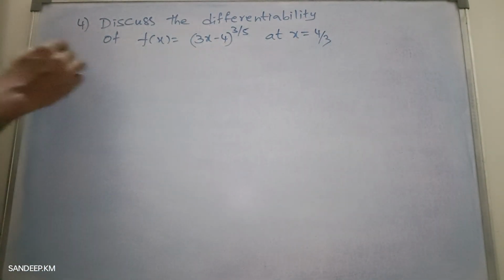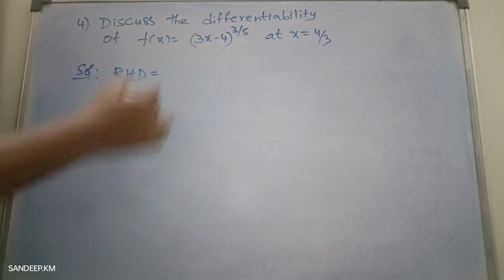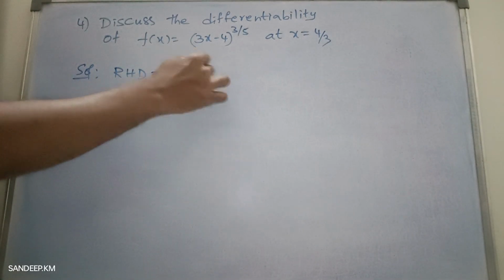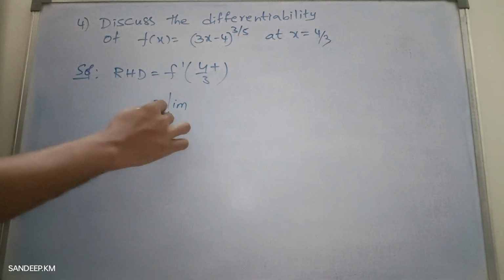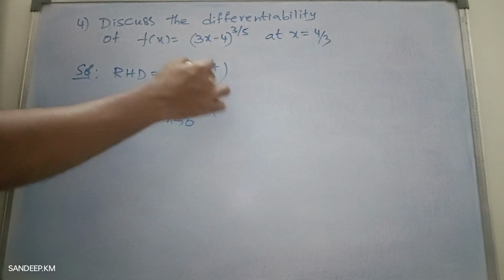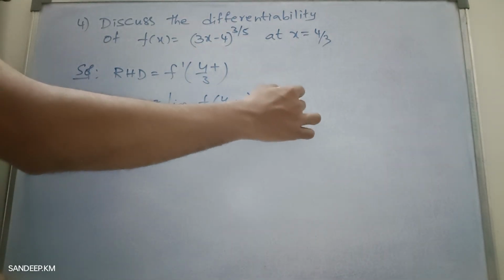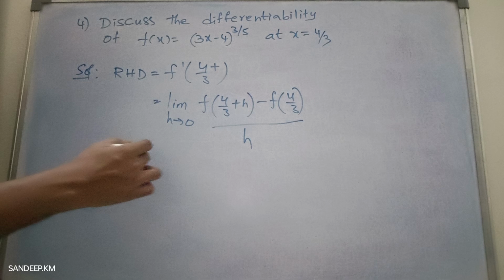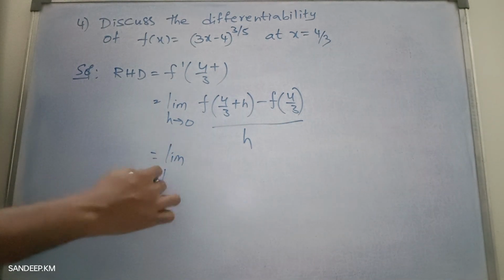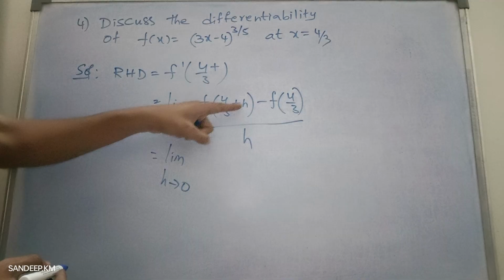For this, I'll do the right hand differentiability, RHD, which is f dash of 4 by 3 plus. Which is limit h approaches 0, f of 4 by 3 plus h minus f of 4 by 3 whole divided by h. If this is f of x, then what is f of 4 by 3 plus h?